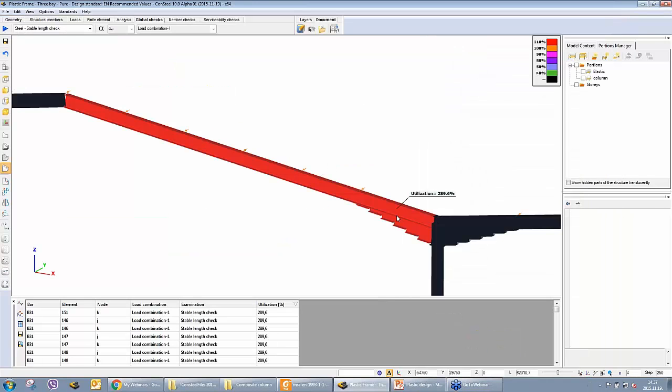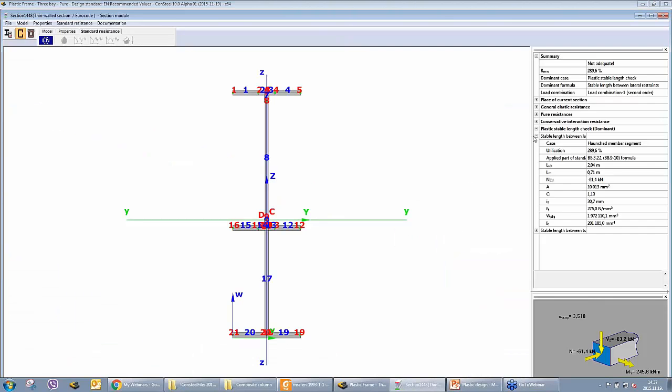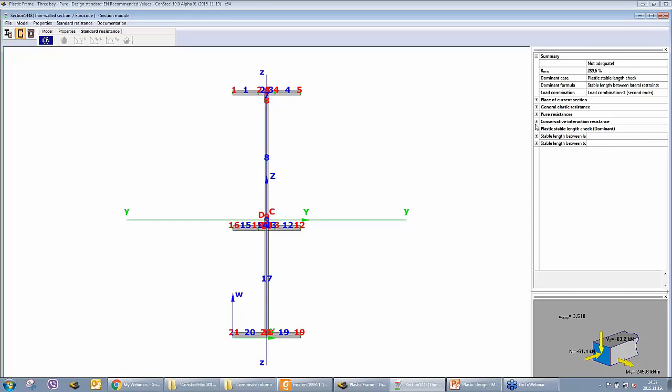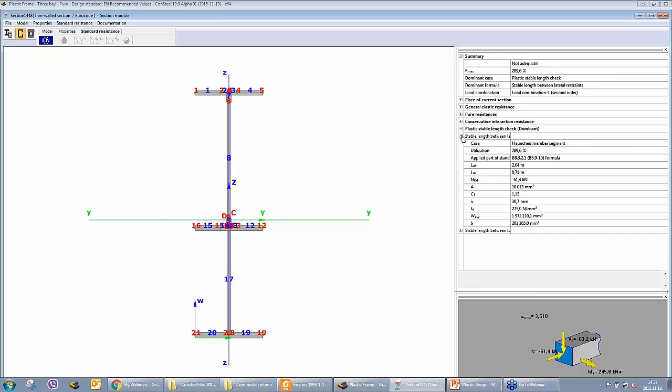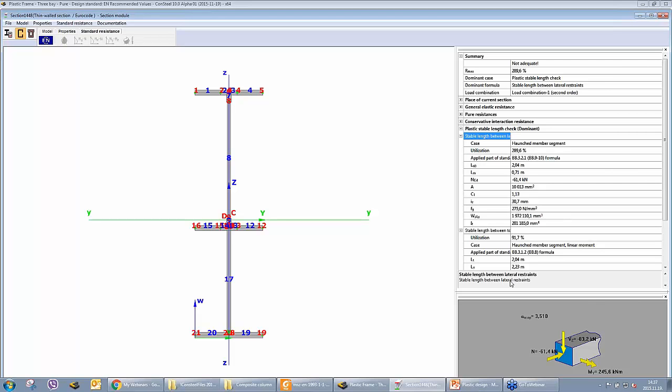What is the situation for our hinge? We have the two stable length calculations here again. This is our hinge section somewhere, and we can see that the situation is different. Now the stable length between lateral restraints is not adequate. The stable length is quite low, it is 0.71, and the length of the hinge is 2.04.